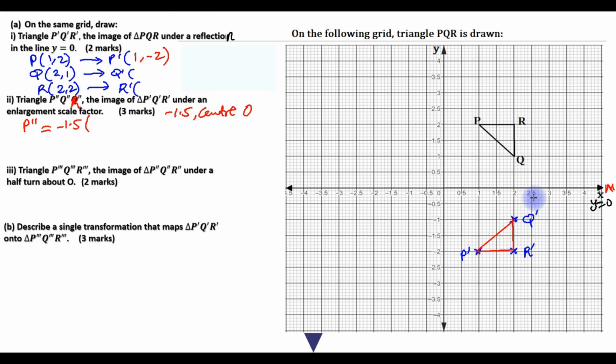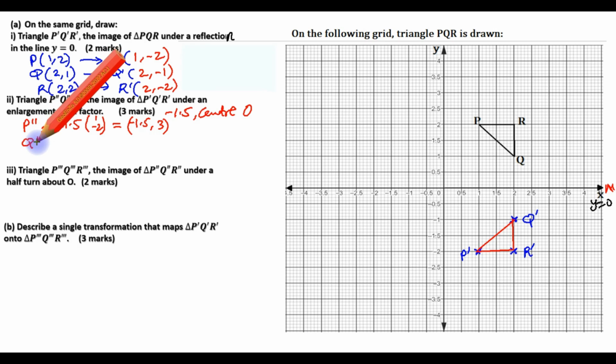Q prime is (2, -1), and the other one is (2, -2). So multiplying (1, -2) by -1.5, we shall get (-1.5, 3). So that will be the coordinate of P double prime.